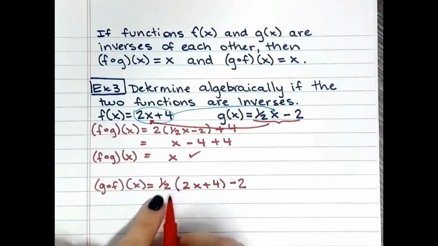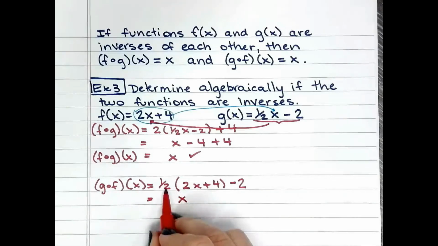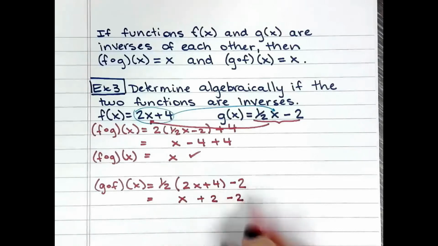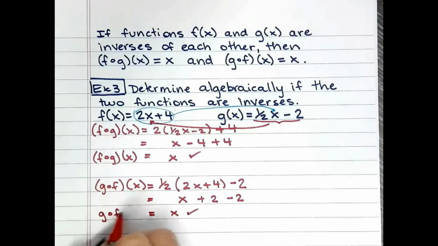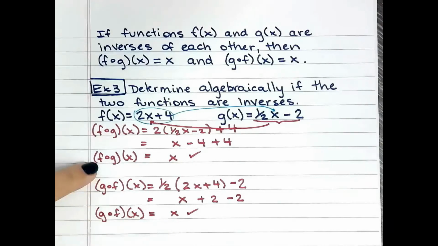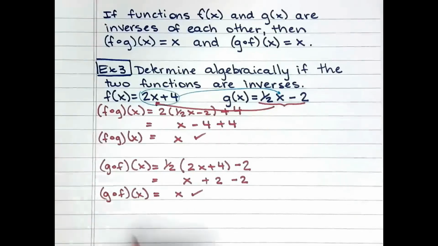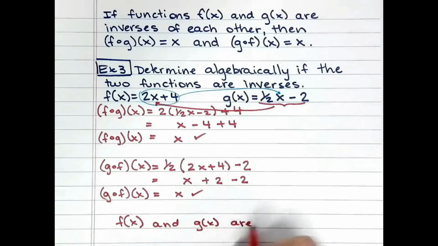Distribute the half right there. Half times 2 is just 1. Half times 4 is 2. Positive 2, negative 2 adds up to 0. So voila, g composed f of x equals x, and also f composed g of x equals x. So I can conclude that f of x and g of x are inverses.